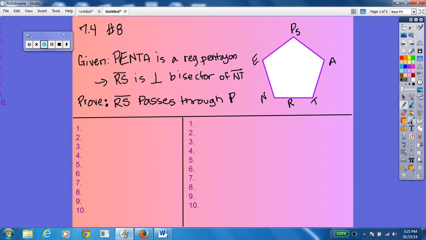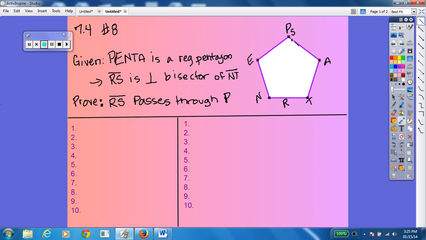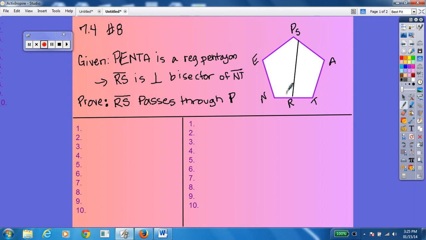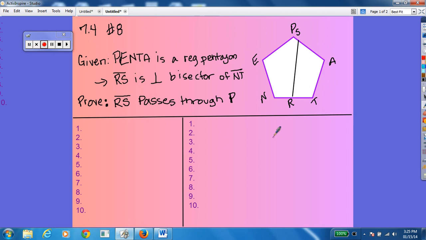And what I'm going to do is I'm going to draw this line, because it is our given, okay? But I'm going to slide it just a little bit for now, because I just need to prove that RS is the same as RP. So it's the perpendicular bisector, and we'll use that information in a minute. And then our regular pentagon.